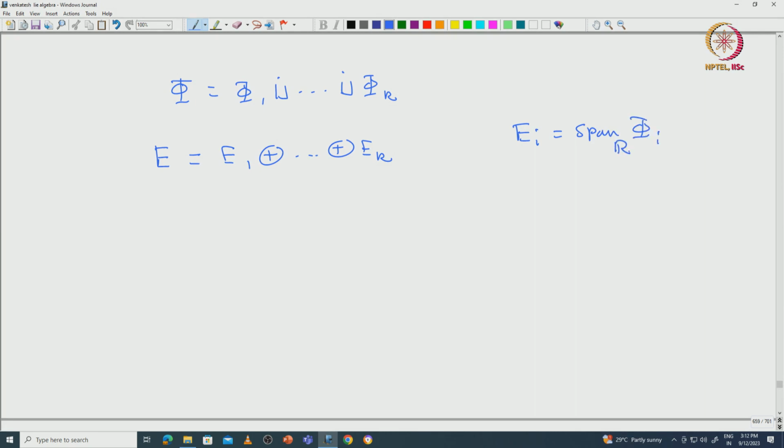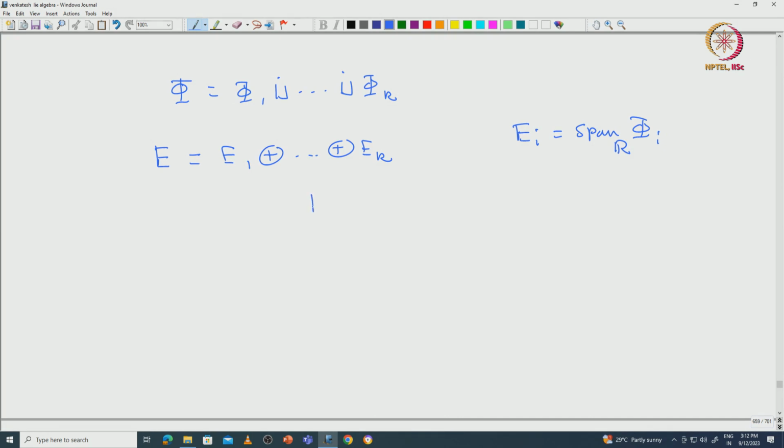But now we can actually infer many things about the root system phi if we know this direct sum factorization. So, let us see what we know. If we write phi as a direct sum of these irreducible root systems, then first of all, capital E can be broken into a direct sum of these subspaces, where E i is the span of phi i over R, and all these E i's are orthogonal to each other.